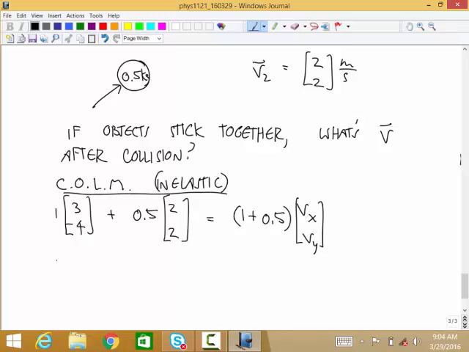And so the two equations say 4 is equal to 1.5 Vx.